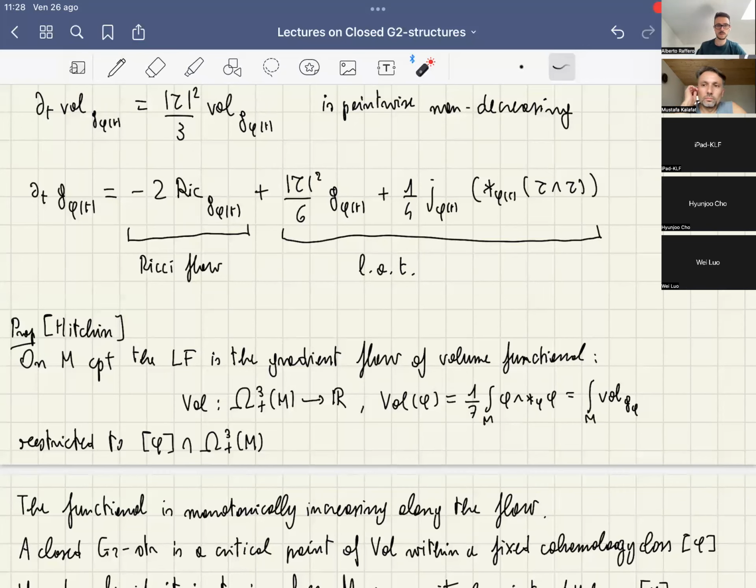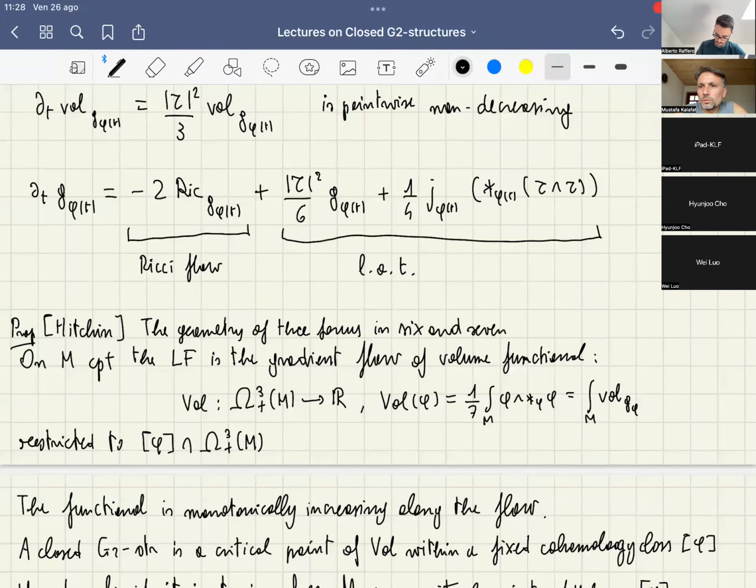The title is The Geometry of Three-Forms in 6 and 7 Dimensions. And it appeared on the arXiv in 2000.